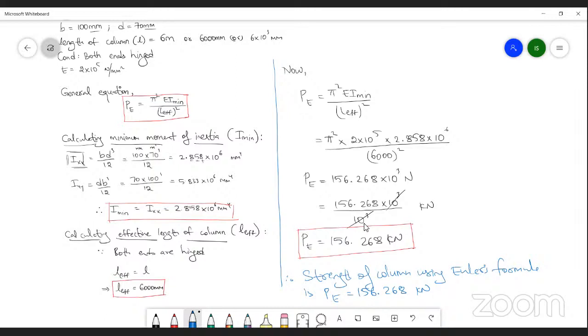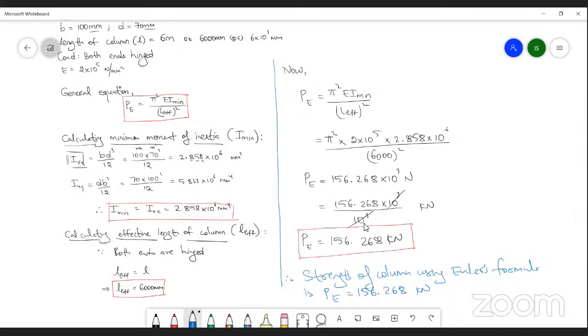You just have to remember the formulas of moment of inertia, and the formula for end conditions of the column, so that whatever end condition is given in the question, you can use the appropriate formula and get the value for effective length. And the most important thing is, don't forget the formula. Euler's formula and Rankine's formula are very easy. All right, so that's it for this video, everyone.